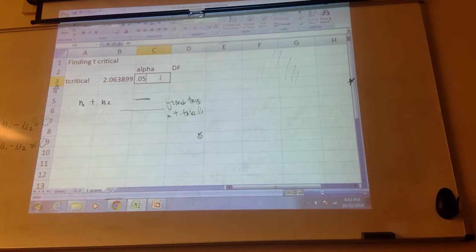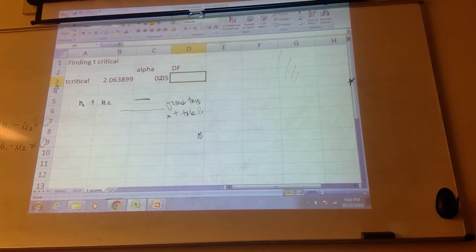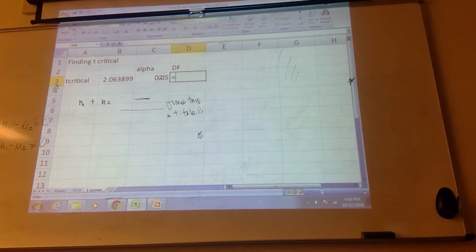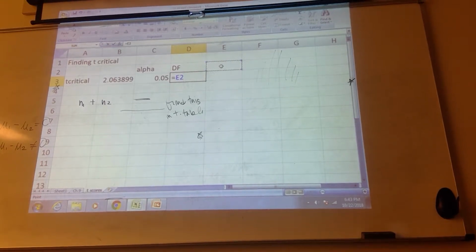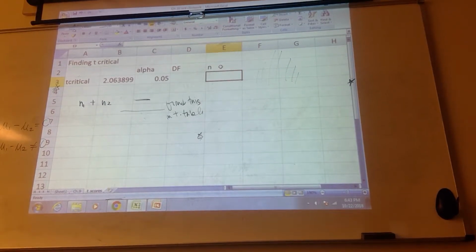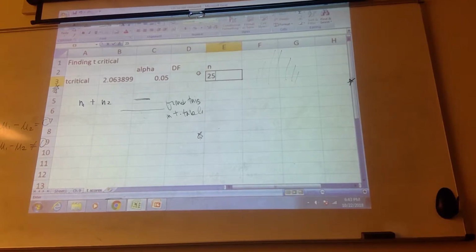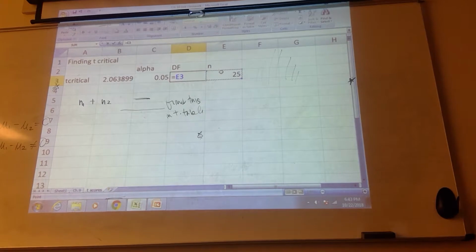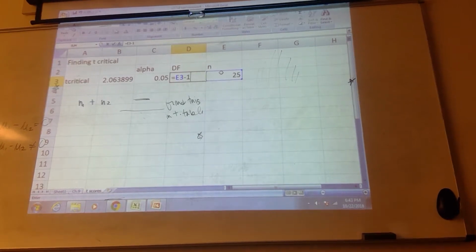Alpha in this case was 0.05. Before I do this, N, we're going to say this is 25. So the degrees of freedom is equal to 25 minus 1.